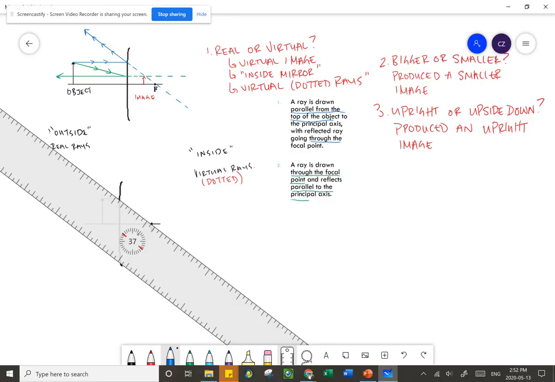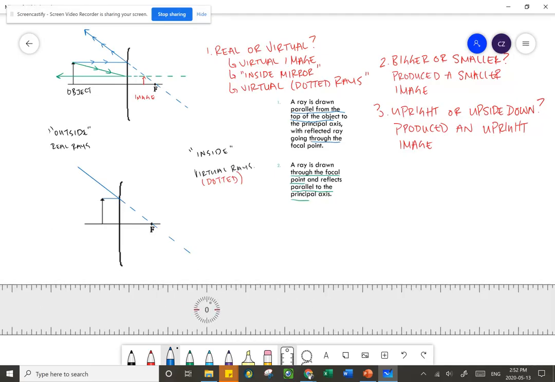There we go. So it's going to reflect off as though it was going to go through the focal point, and I'm going to extend that reflected ray into the mirror with that dotted line to tell the reader it's a virtual ray. Okay, so that's my first ray. Parallel to the principal axis, then reflecting through the focal point.